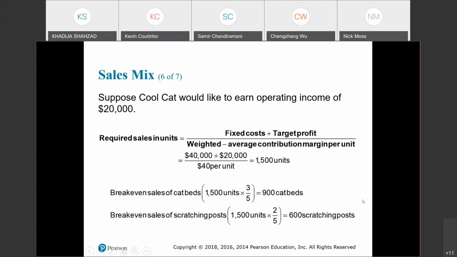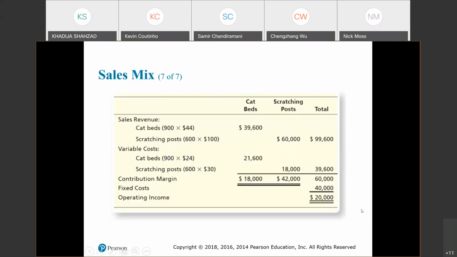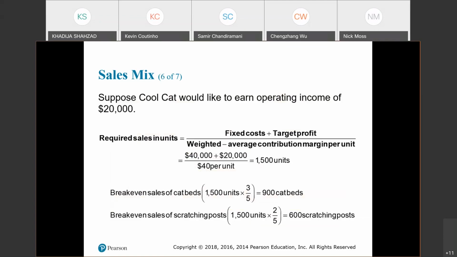So we can also prove the planned profit level by preparing a contribution margin income statement. In a nutshell, in order to achieve the target profit of $20,000, 900 cat beds need to be sold.